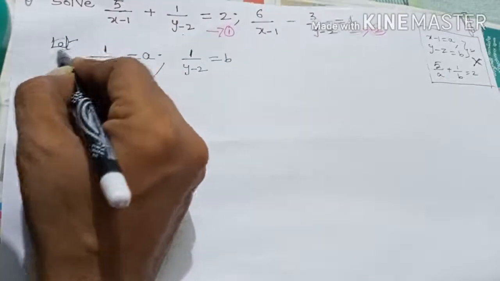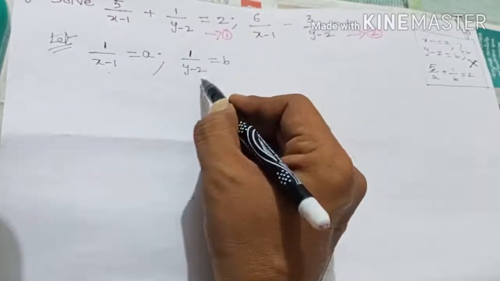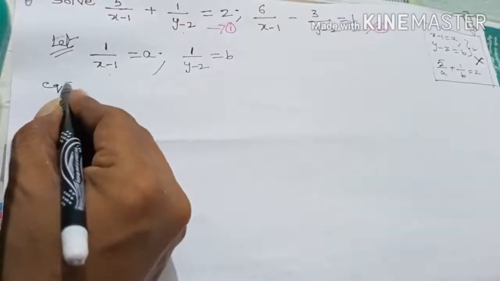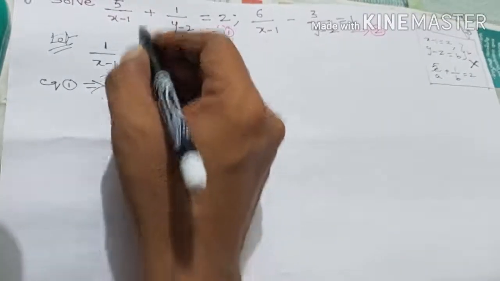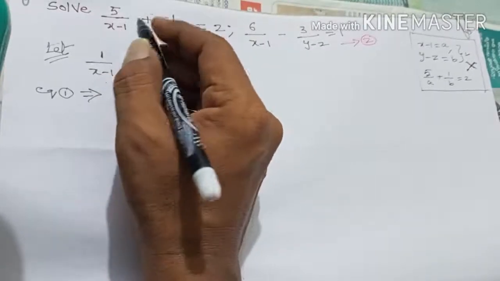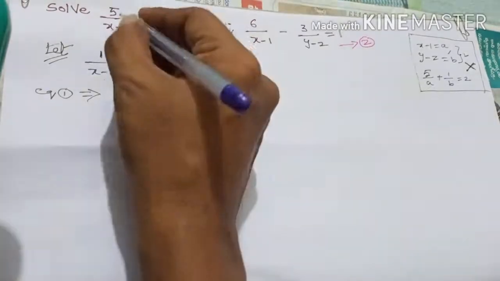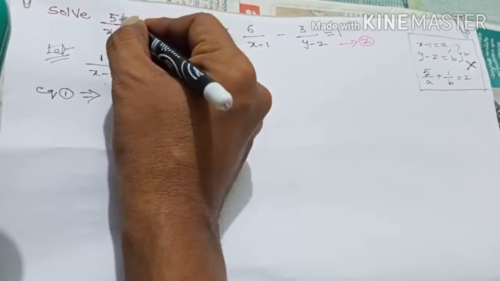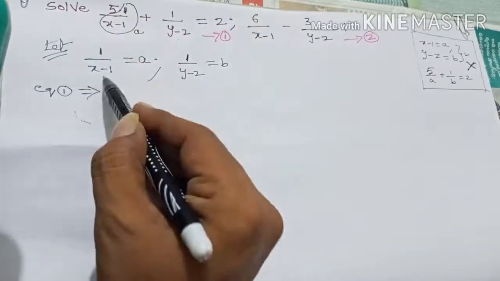That's why I will write: let 1 by x minus 1 is equal to a, then 1 by y minus 2 is b. Therefore from this assumption the equation 1 becomes, can you guess? Here you have 5 by x minus 1. 5 can be written as 5 into 1. This 1 by x minus 1 will be a according to our assumption.